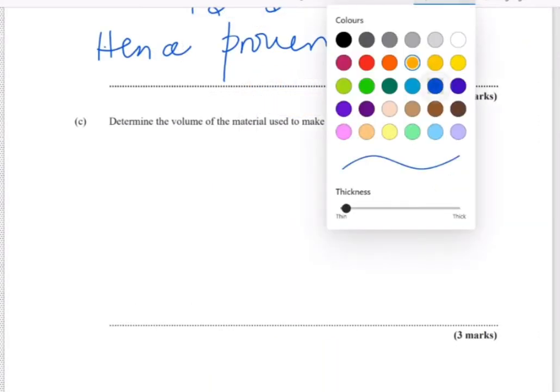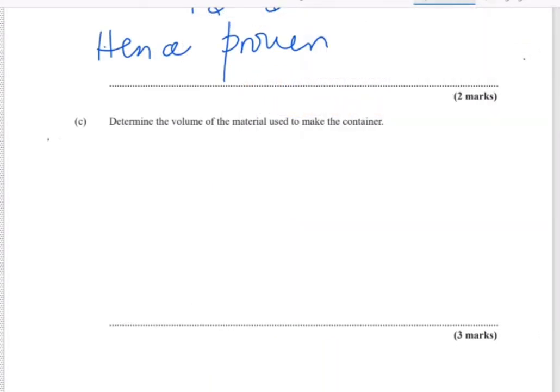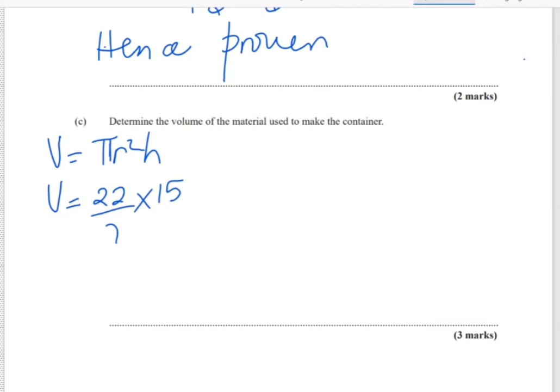Good. So now we're finding the volume of the cylinder with the radius 15 centimeters. So it's pi r squared h. So the volume equals pi, which is 22 over 7, times 15 squared, which is 15 times 15, times h.